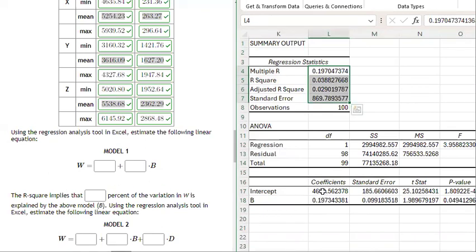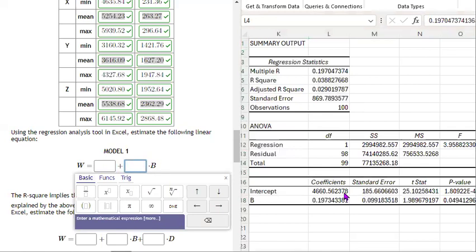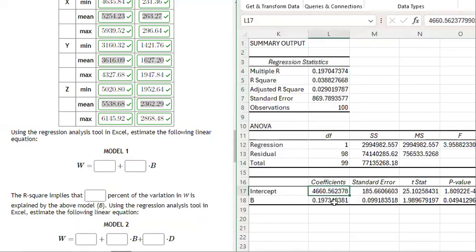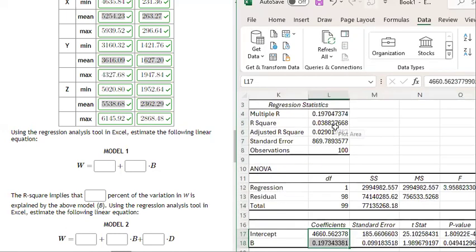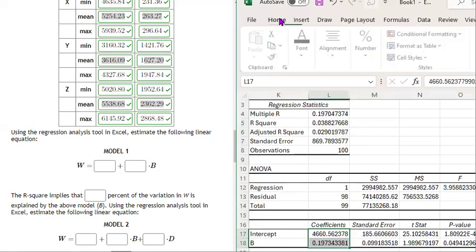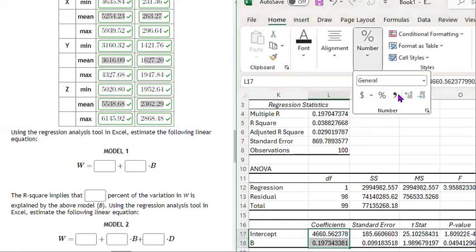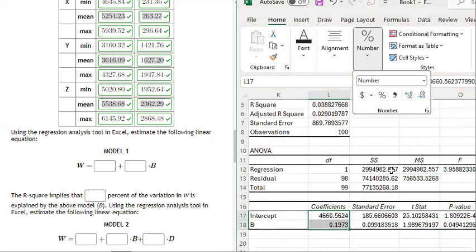And I need, to 4 decimal places, the intercept and the slope. Here's the intercept and here's the slope of my benefit level, right? So I'm going to click on home here, click on number, and then reduce the number of decimal places to 4, right?